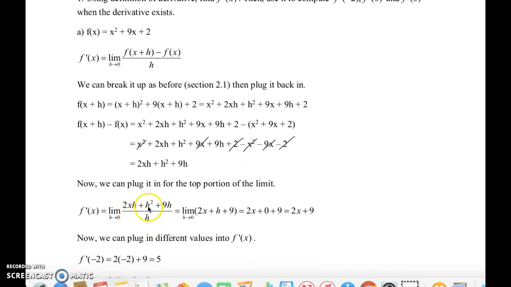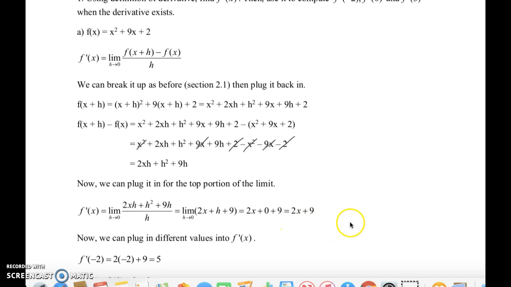Now we can factor out an h from the top just like we have been doing. And those h's are going to cancel out. So this denominator is going to cancel out with the h we factored out from the top. So we're looking for the limit of 2x plus h plus 9. And remember, as h approaches 0, this middle h is going to disappear. So we're just left with 2x plus 9.